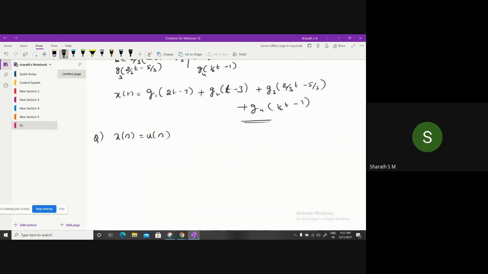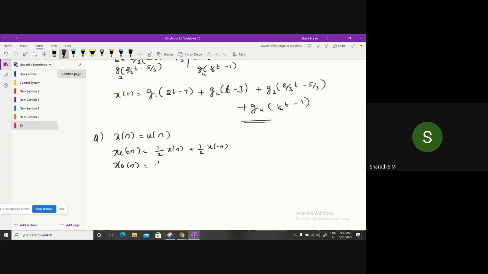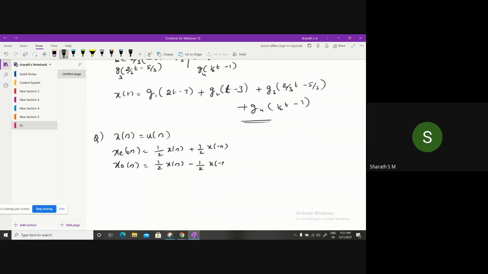So here we need to sketch the even and odd parts. We have the equation for the even part, 1 by 2 x of n plus 1 by 2 x of minus n, and the equation for the odd part, 1 by 2 x of n minus 1 by 2 x of minus n. So first sketch the unit step function.